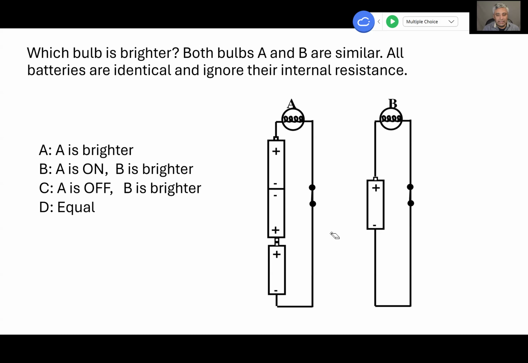See, inside the battery, in a battery, electrons or charges can still flow because this is going to be driving here, okay?